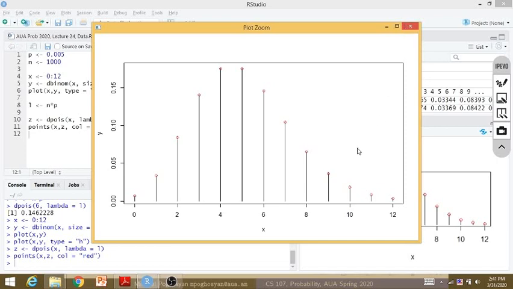Okay. By the way, how to read this diagram? The probability that x will take the value 5 is this much, 0.58 maybe. The probability that x will take the value 4 is 0.158, etc. So the probability that x will be 10 is small enough.